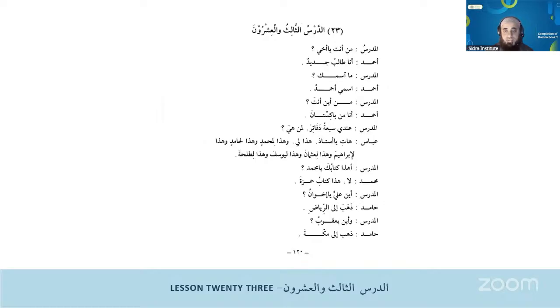In this case, the noun won't have a tanween. For example, the word أحمد, we won't see it being أحمدٌ, أحمدًا, or أحمدٍ. Another thing to note is that غير منصرف words in the state of jar will have a fatha without a tanween. So lesson 22 was about غير منصرف, and 23 is a continuation of that.